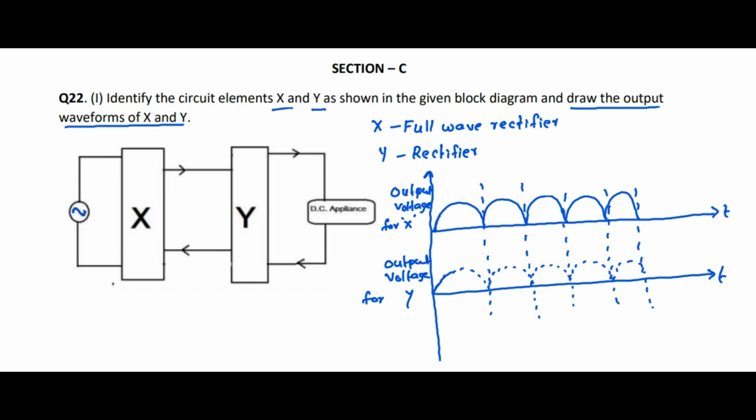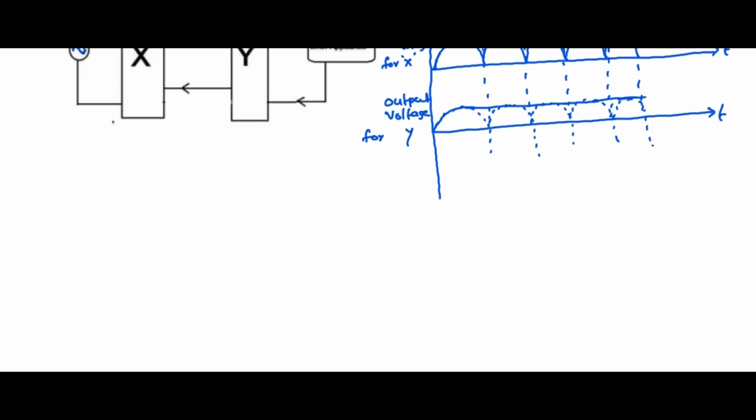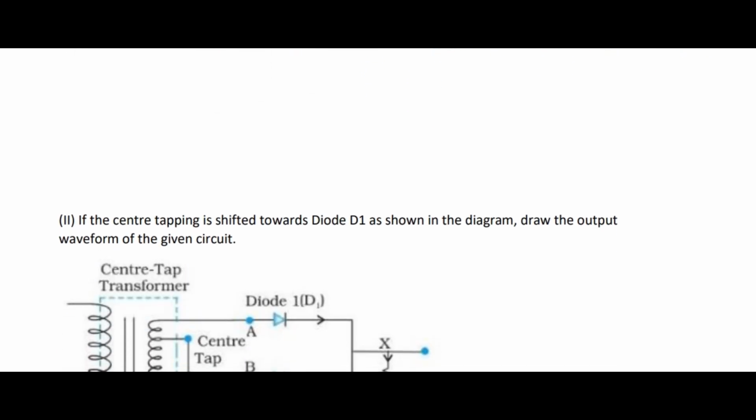So this output will come like this, almost constant. This is the answer for the output waveforms of X and Y.